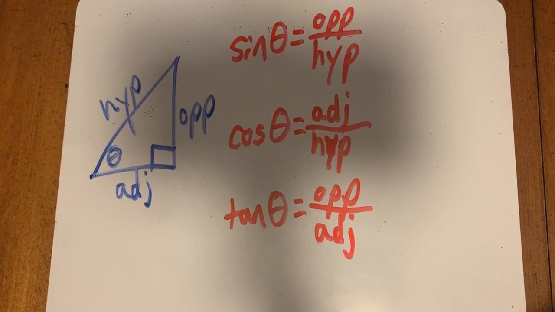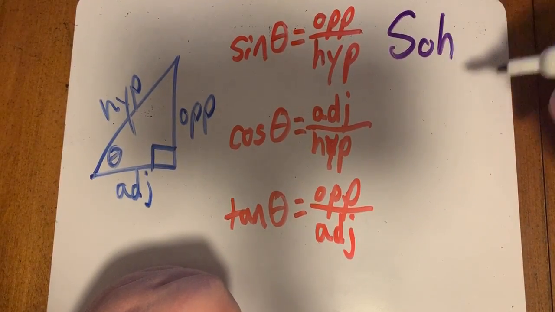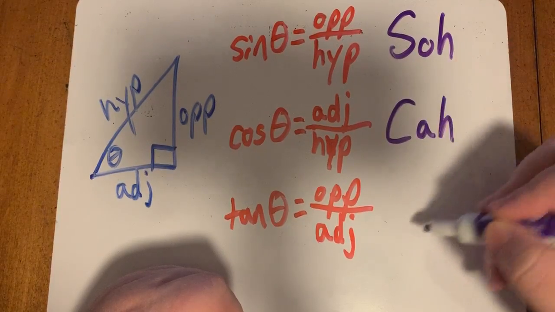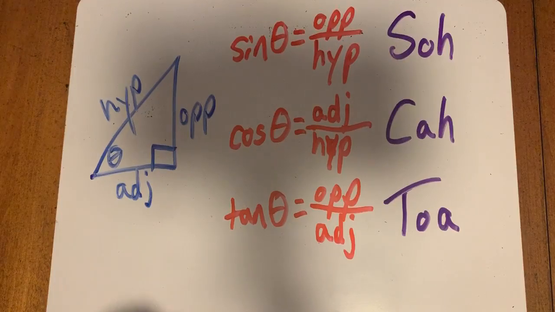The very common mnemonic device we have for this is sine is opposite over hypotenuse, cosine is adjacent over hypotenuse, tangent is opposite over adjacent, SOHCAHTOA. So that's our standard, our basic trig functions, our basic trig ratios.